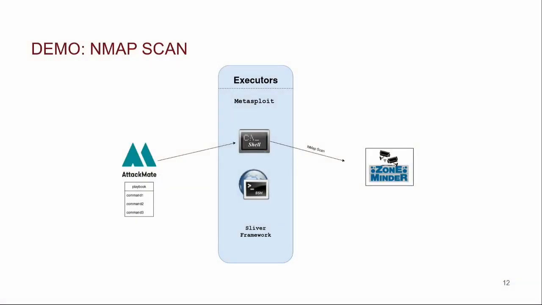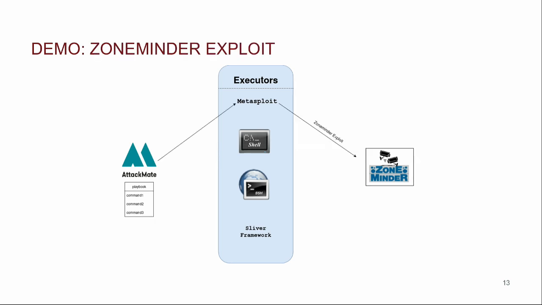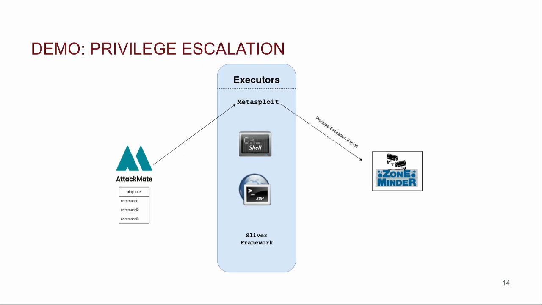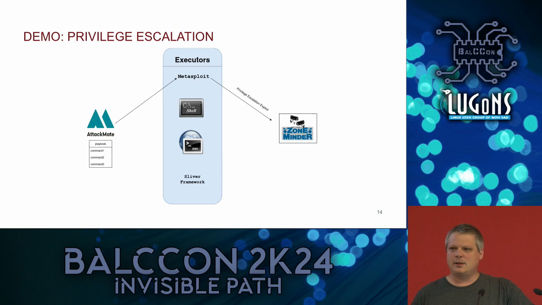But we are now at the very beginning. We scan the host. And after scanning the host, we exploit, of course, with our Metasploit exploit to get a foothold. After gaining the foothold, we have a reverse shell, and now we want to escalate the privileges somehow. In our demo, we use a misconfigured sudo.